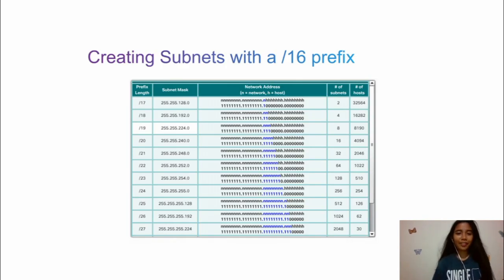Additionally for this chapter, we have here creating subnets with the /16 prefix notation. Here is the prefix length. We have the subnet mask, the network address, the number of subnets, and the number of hosts.